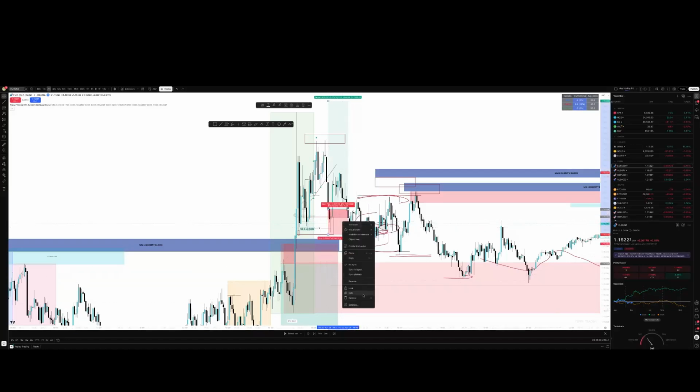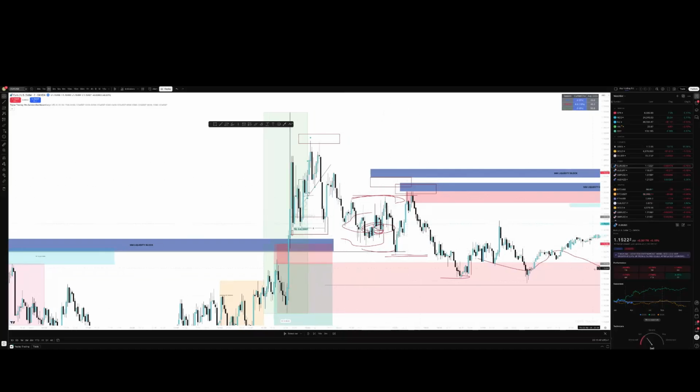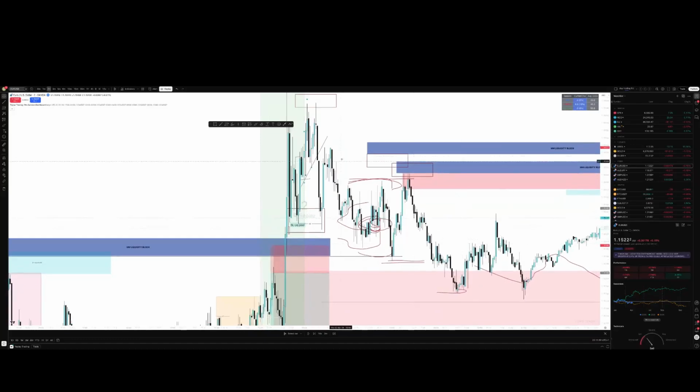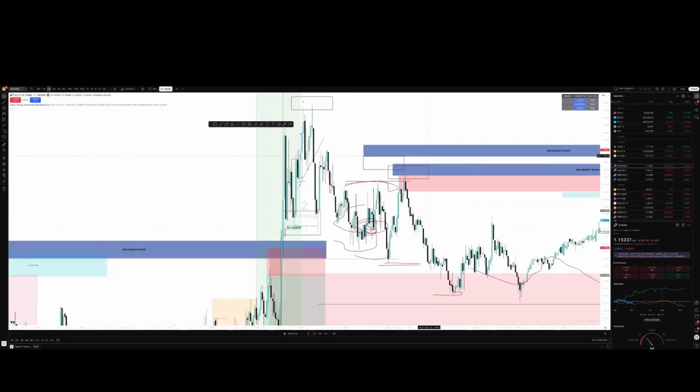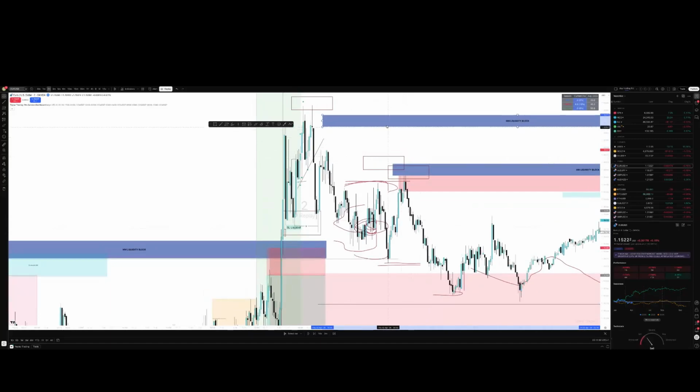So when that was happening, everybody else is selling, right? They're selling, they're selling, they're selling. Now I had two liquidity blocks marked out. I said maybe this might be the one. This one.